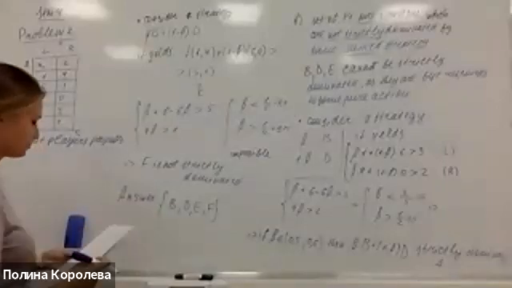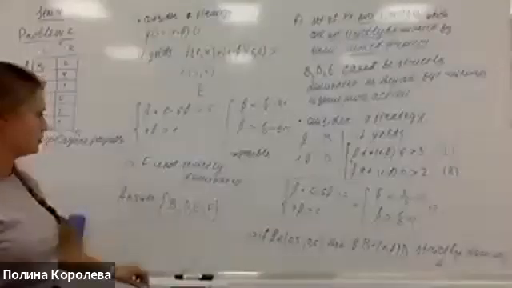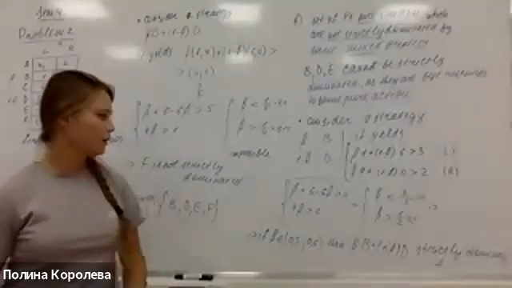Guys, please ask questions. Why do we choose only B and D when we are considering mixed strategies? We're making a mixed strategy with strategies B and D. D is strictly dominating other strategies on the left, and B is weakly dominating strategies on the right.